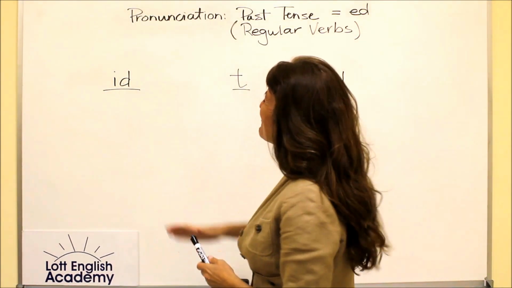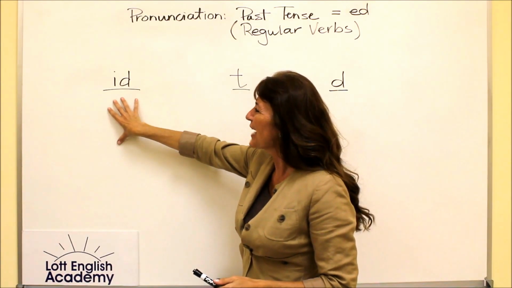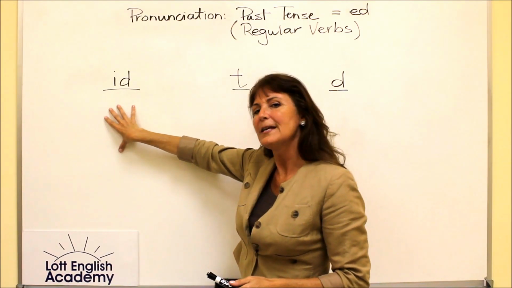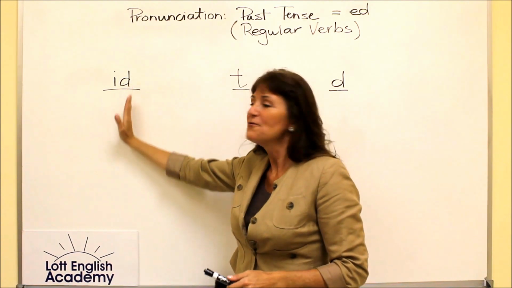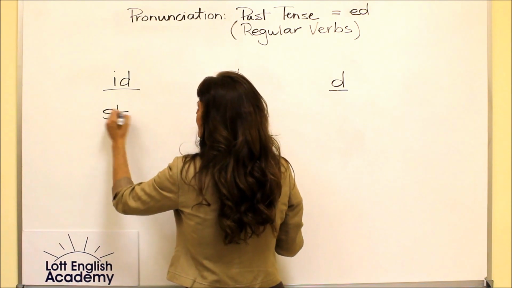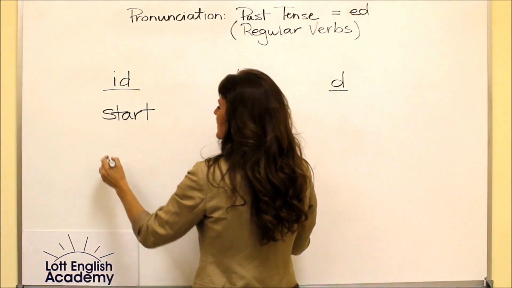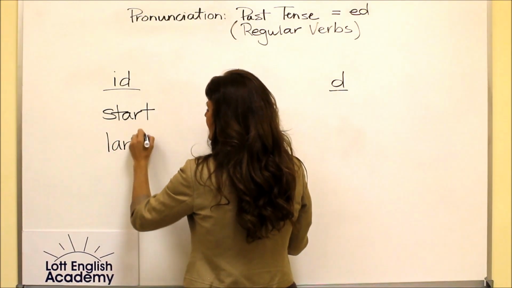All right, let's look at some examples for this first category. For this first category, all of the words here are going to have the final sound either T or D. For example, the word start or the word land.